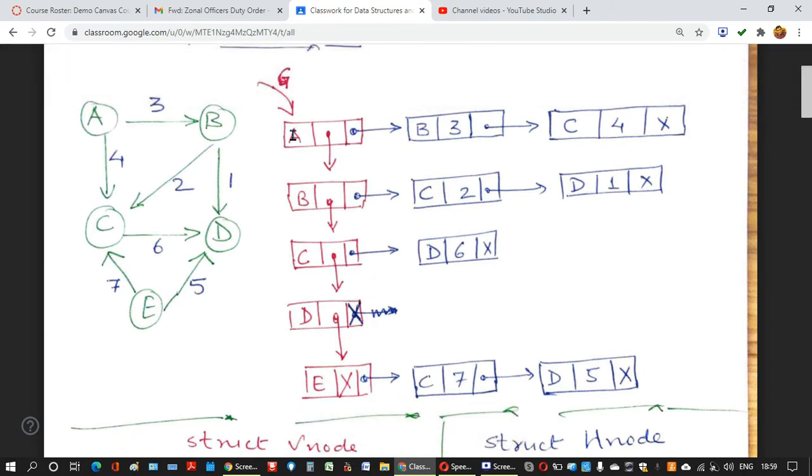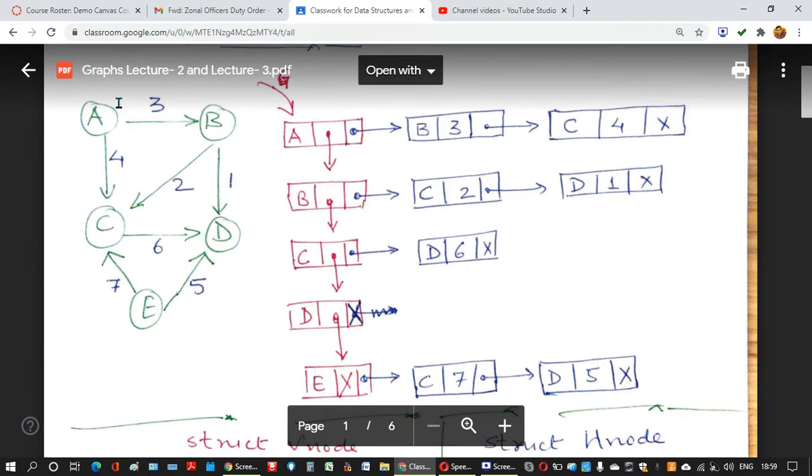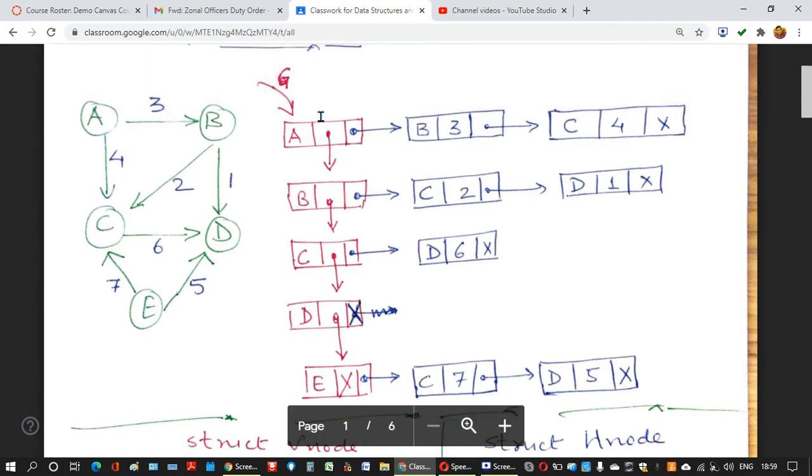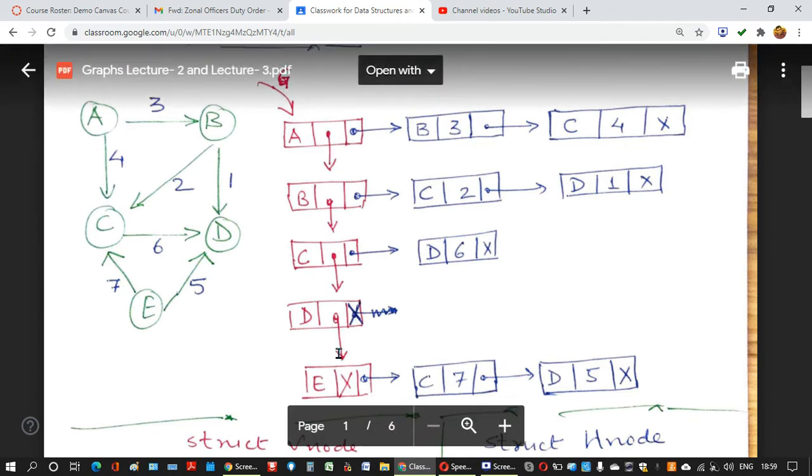But you first see here that if there are five vertices, or five nodes, in this graph G, then there are five nodes in this vertical list. So this is a linked list having information about nodes. The vertical list will have information about the nodes of the graph: A, B, C, D, and E. This list of vertices is maintained in the form of a linked list.